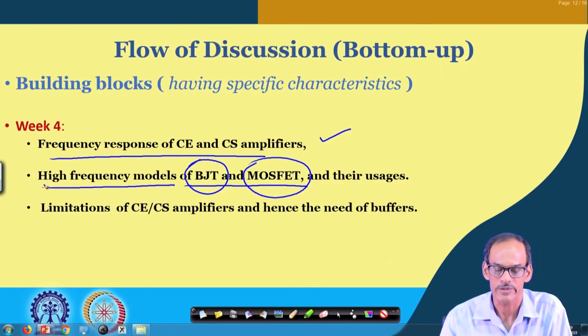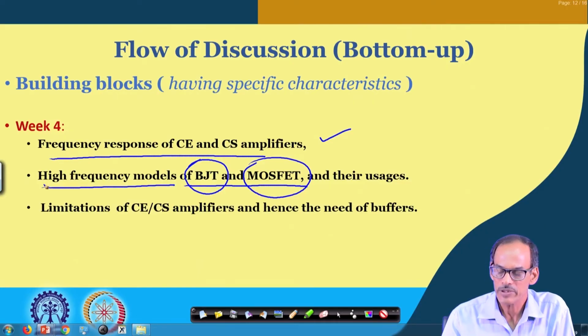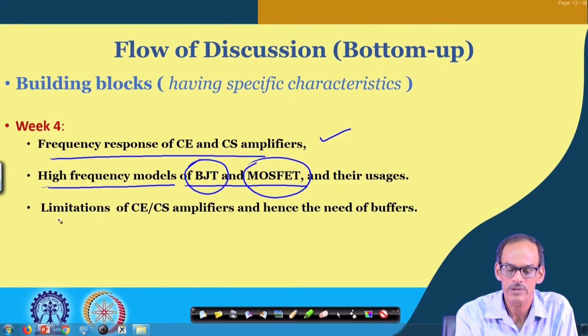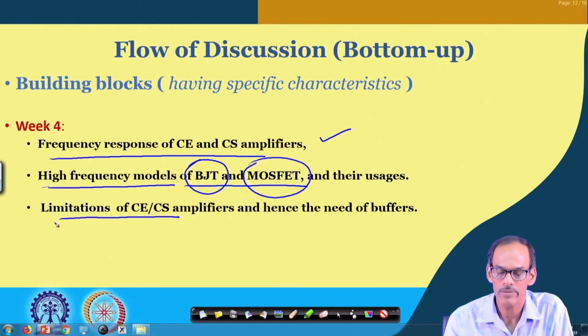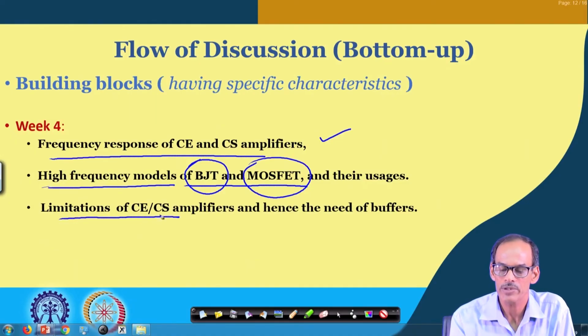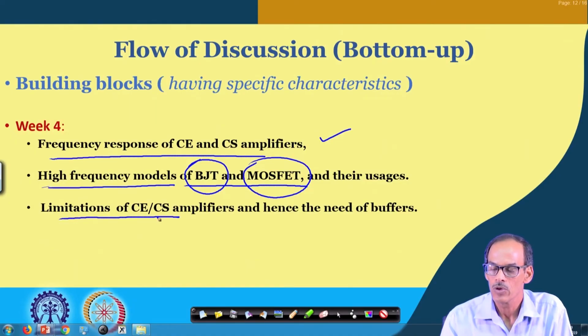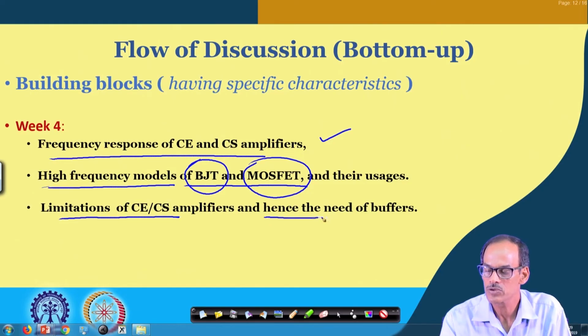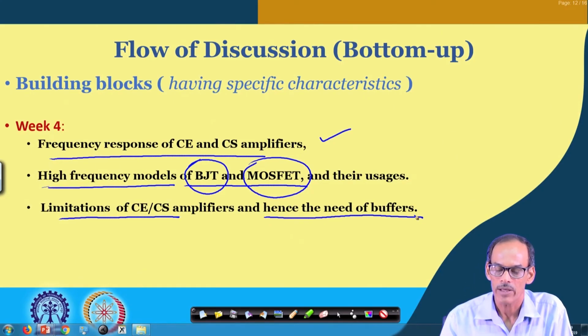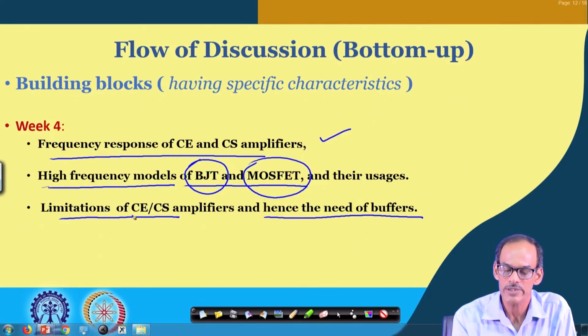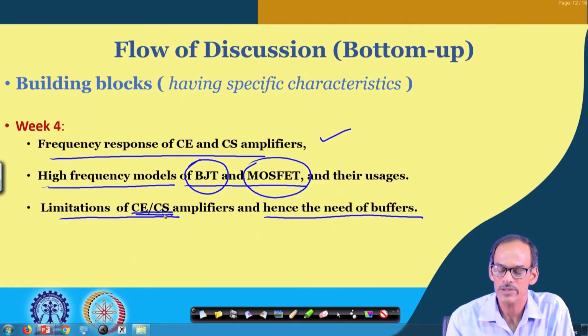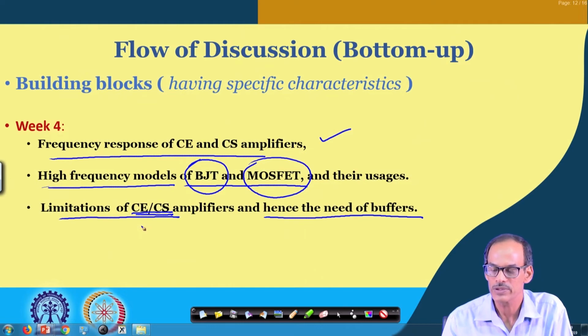After that we will look into the limitations of the common emitter and common source amplifiers, which implies that to overcome those limitations we need to move to some other configuration. These two are very vital configurations, but they cannot do everything, so we need to look out for other configurations.